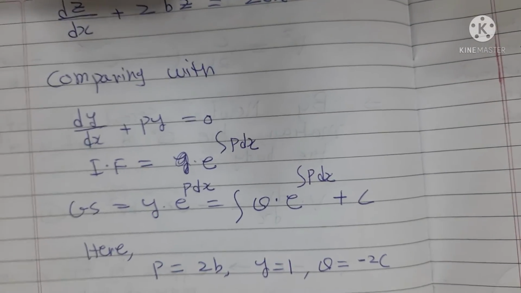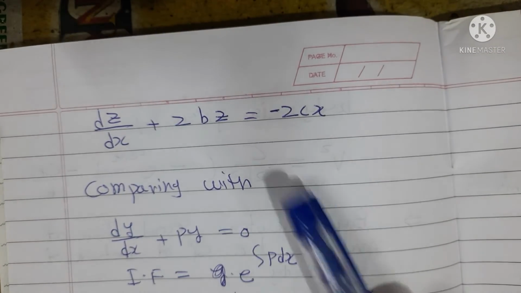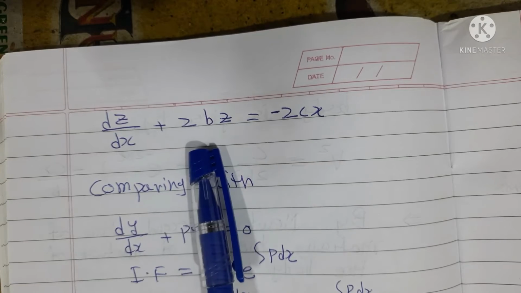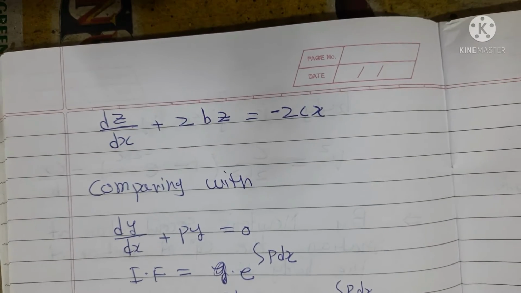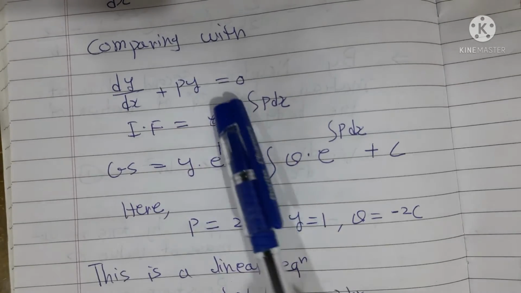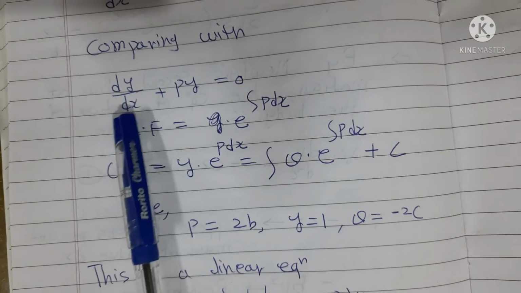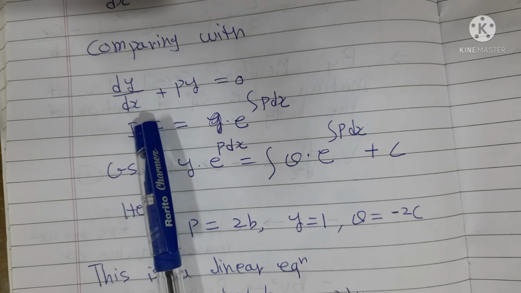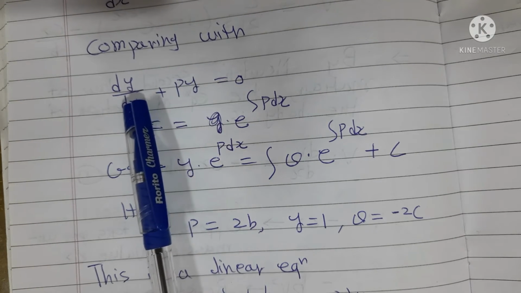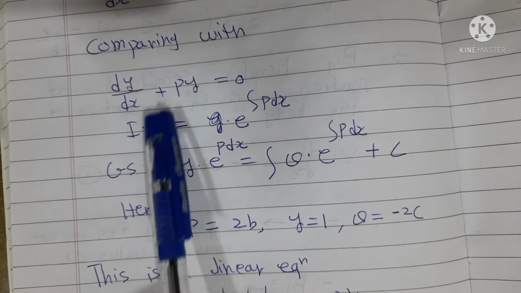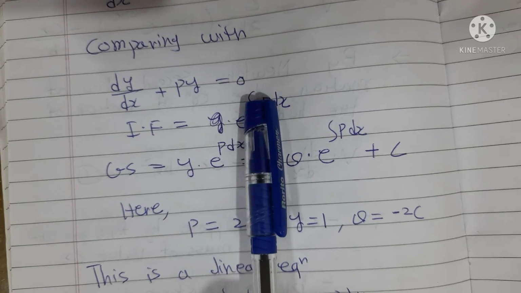Therefore after simplifying, we will get dz by dx plus 2bz is equal to minus 2cx. Now comparing this equation with the standard form of the linear differential equation, dy by dx plus py is equal to q.